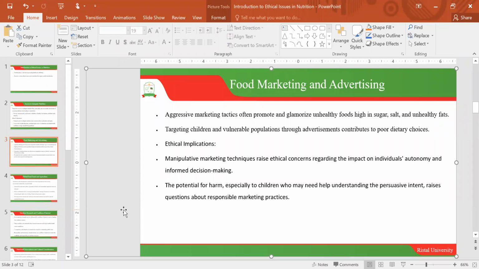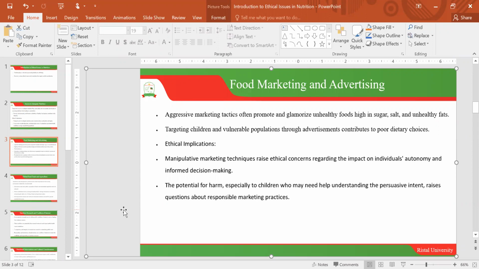This is a challenge because advertising for things that actually cause poor health, that cause people to make poor dietary choices, that's not something that is actually good. It is not ethical.